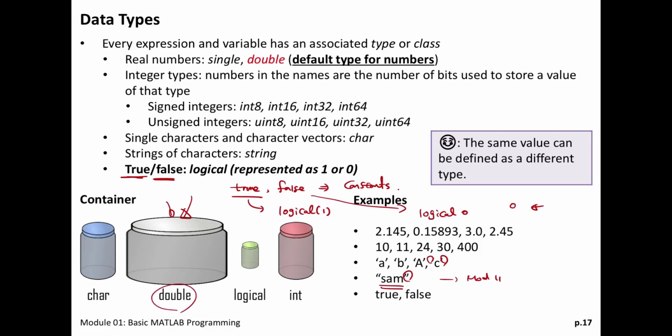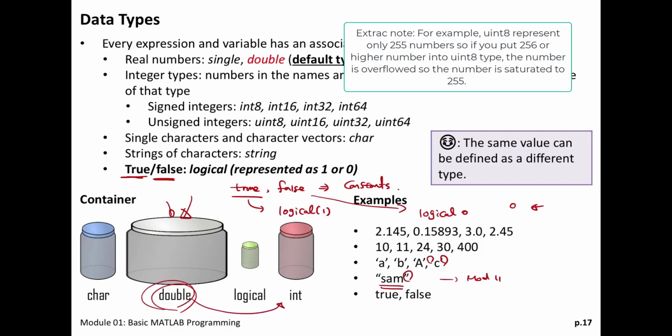For integers and all types of numbers, you can put them in the double type. But it's not possible the other way. For instance, you cannot put a double number in the integer bin. In that case, you have to round off, or there is some risk of overflow.